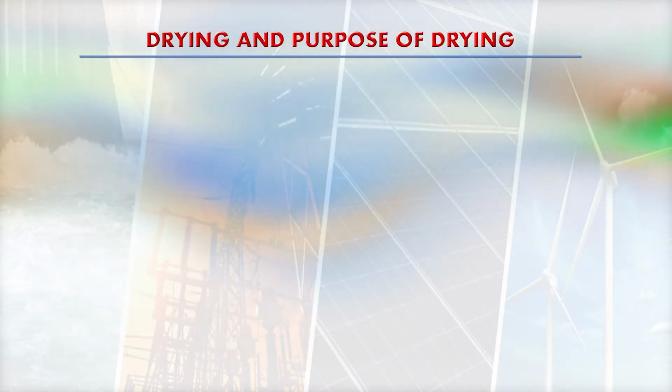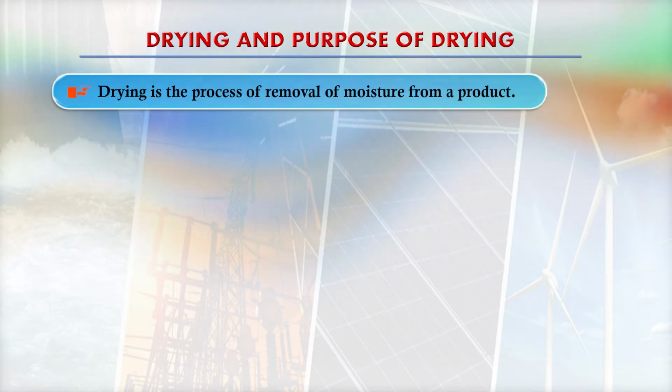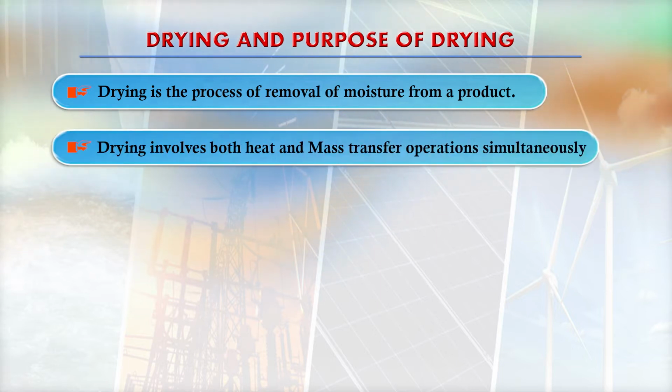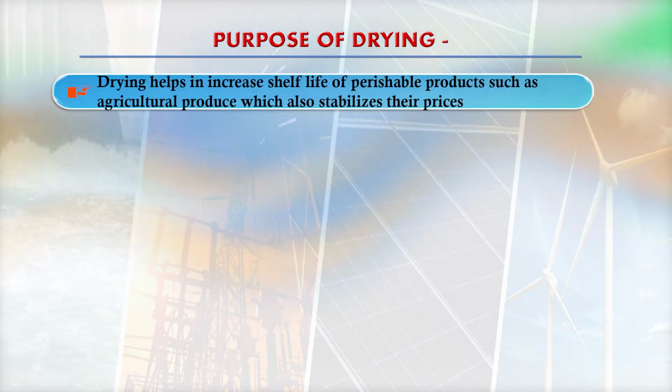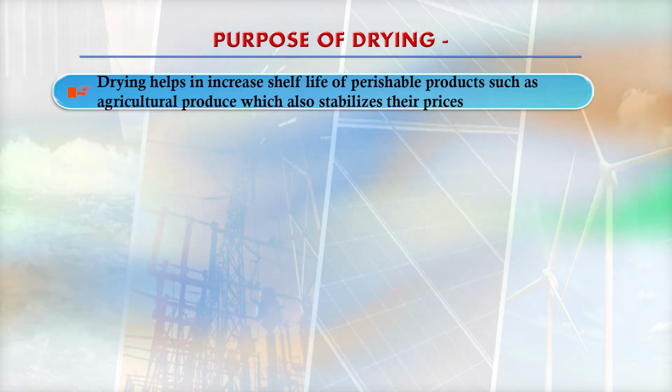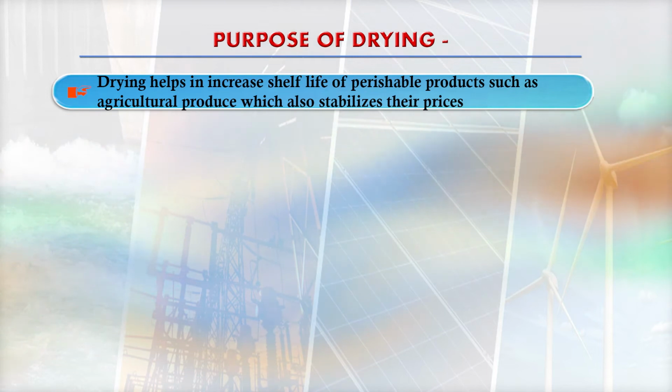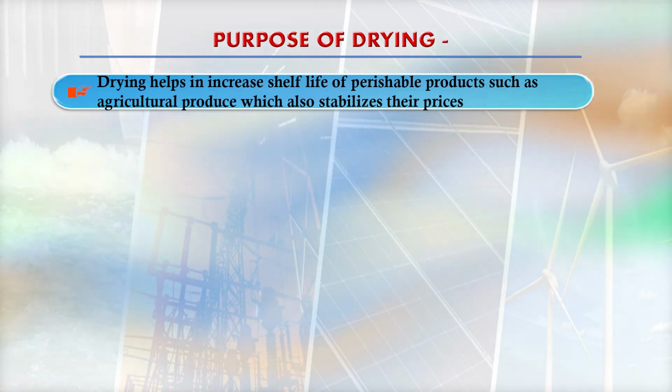What is drying and why drying is required? Drying is the process of removal of moisture from a product. Drying involves both heat and mass transfer operation simultaneously. Then why drying is required? Now, drying helps in increased shelf life of perishable products such as agricultural produce, food items, which also stabilizes their prices.